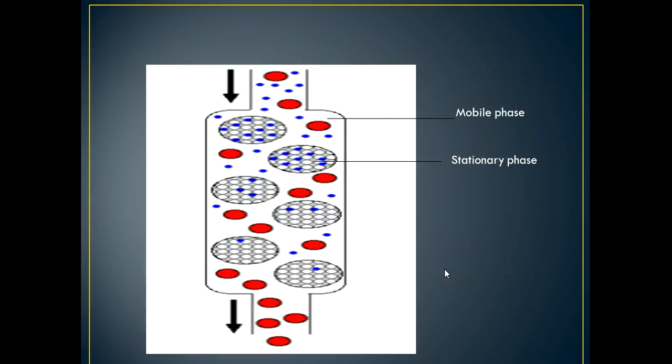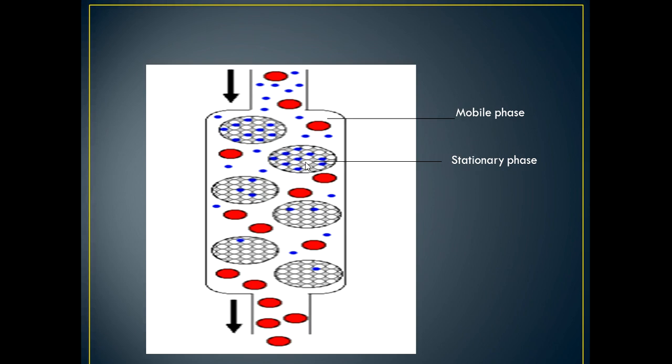So this is my basic illustration for chromatography, and I chose this picture basically based on column chromatography. You observe that here this is the injection point, then this is the outlet.